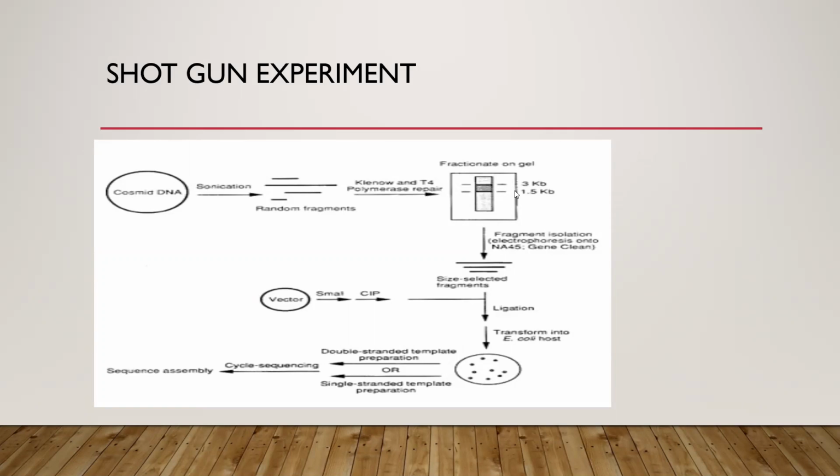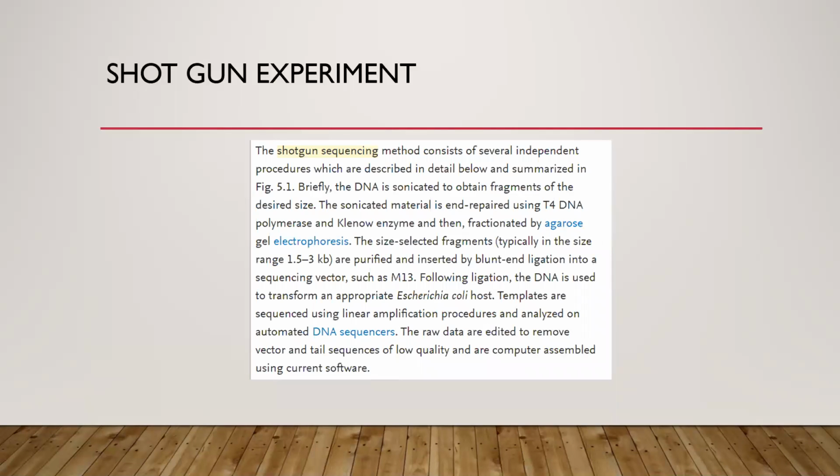Look at here. This is a 3 kilo base pair and a 1.5 kilo base pair DNA fragment. The size selected fragments are typically in the size range of 1.5 to 3 kilo base pairs.